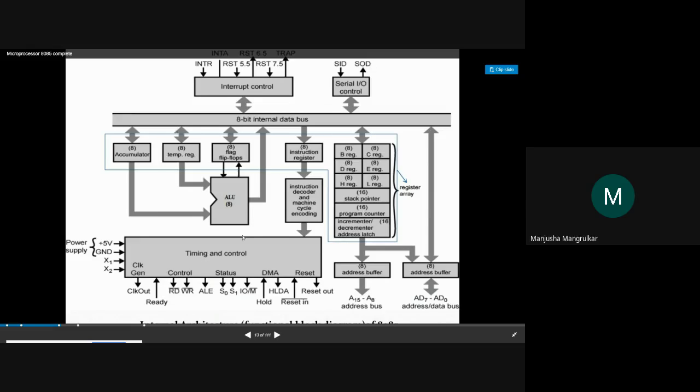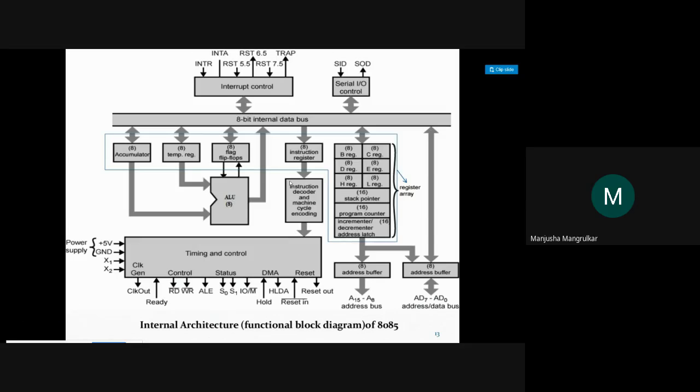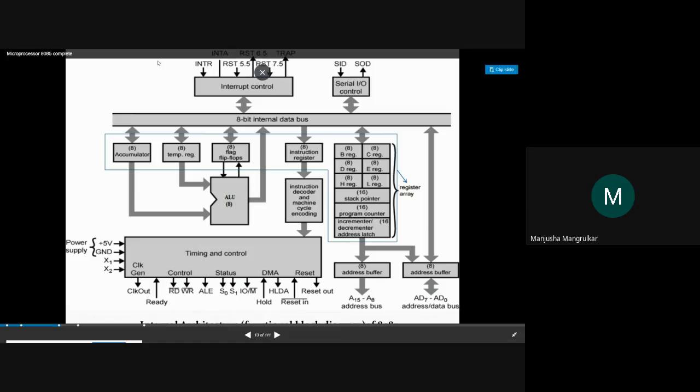We know this microprocessor works in parallel mode, meaning simultaneously 8-bit data can be transferred to and from memory and the microprocessor, or input output devices. But there is a concept of serial, meaning one bit at a time. So this is the serial input output control, that is serial in data, serial out data.